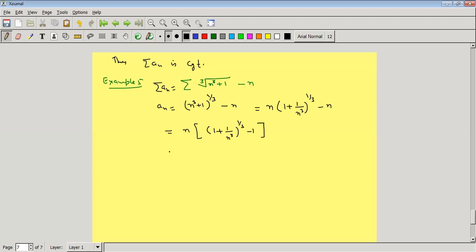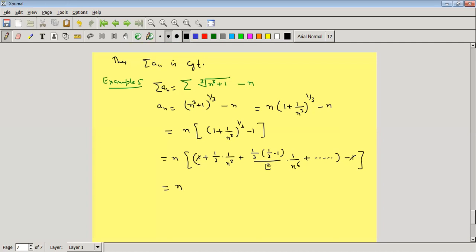By using binomial expansion, we can write this as n times, 1 plus 1 upon 3 into 1 upon n cube, plus 1 upon 3 into 1 upon 3 minus 1 upon 2 factorial into 1 upon n cube squared, plus so on, then minus 1. So 1 and 1 cancel out.